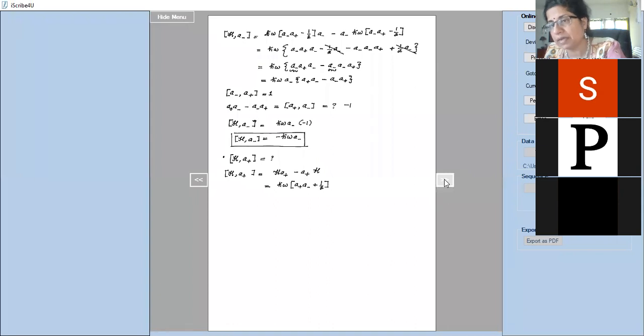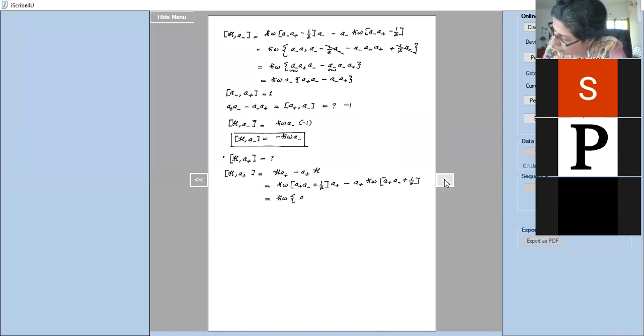Instead of putting both A plus A minus and A minus A plus, I've done it only in terms of A plus A minus. And then of course we have an A plus here, minus A plus, and then we have H cross omega and an A plus A minus plus half. So what is this going to be? We will again take out the H cross omega common.